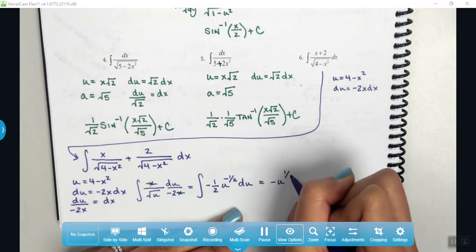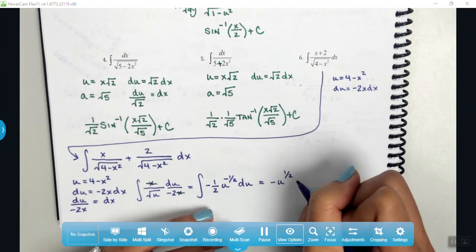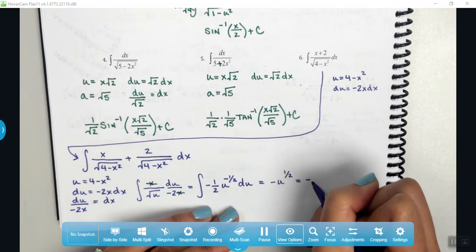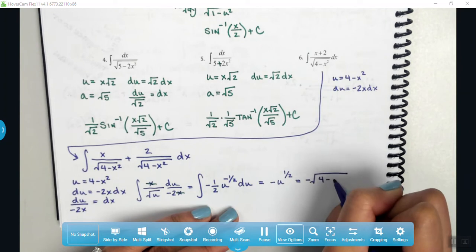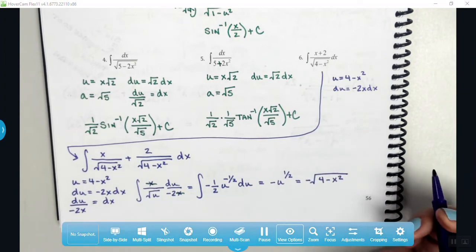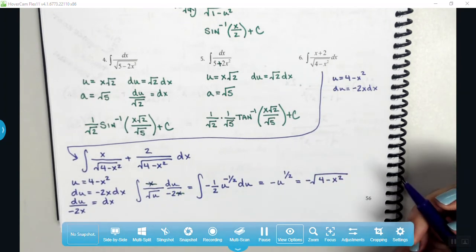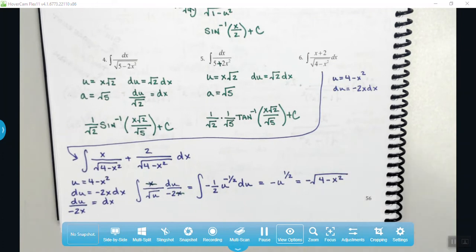Are you with me? So that's that part, right? It stays negative because you add 1/2 and then you multiply by 2. Okay, that part's done.